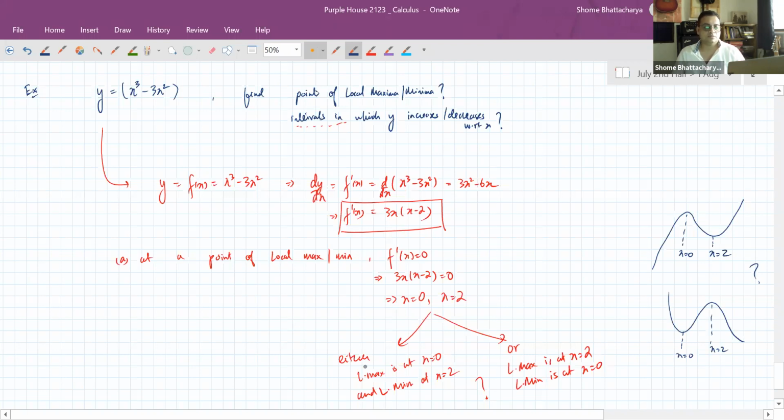Okay, this is clear? This would be case 1. This would be the shape of the graph in case 2.